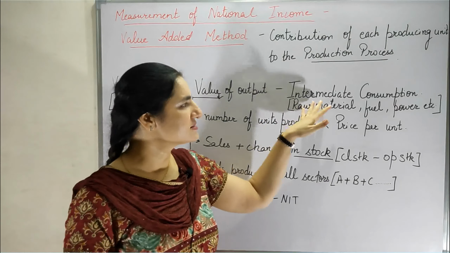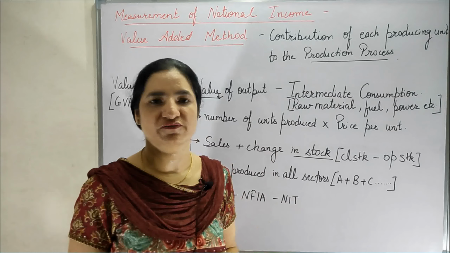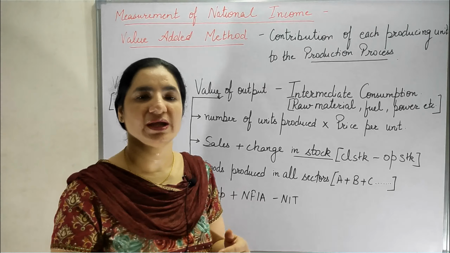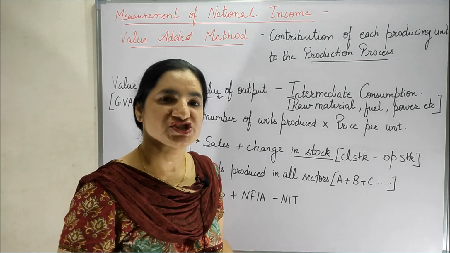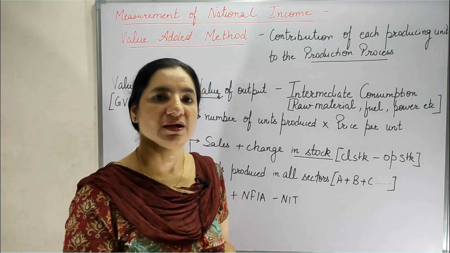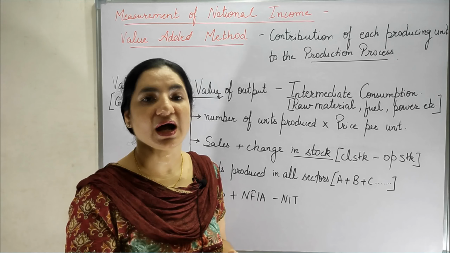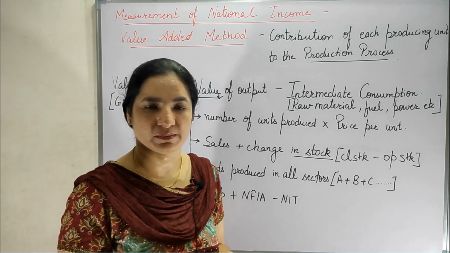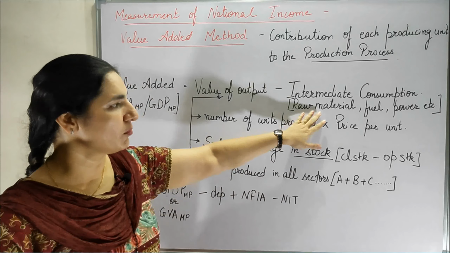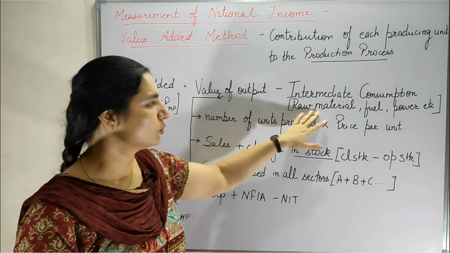Now, the second head is the intermediate consumption which is required. Intermediate consumption means if we are purchasing the raw material of any such firm which is the output of that firm, as we have read in the concept of production boundary, then such raw materials are to be included.